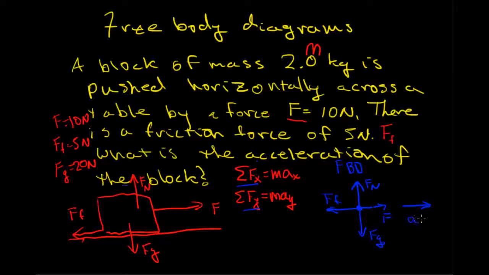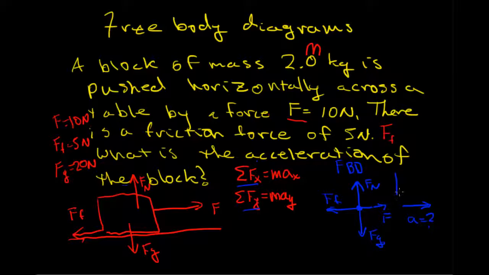If you don't know what it is, you can put a little question mark there and make an estimate of where you think the block is accelerating. Knowing the direction of our acceleration allows us to pick a coordinate system. The key to picking a coordinate system is to put one of its axes right along the acceleration.